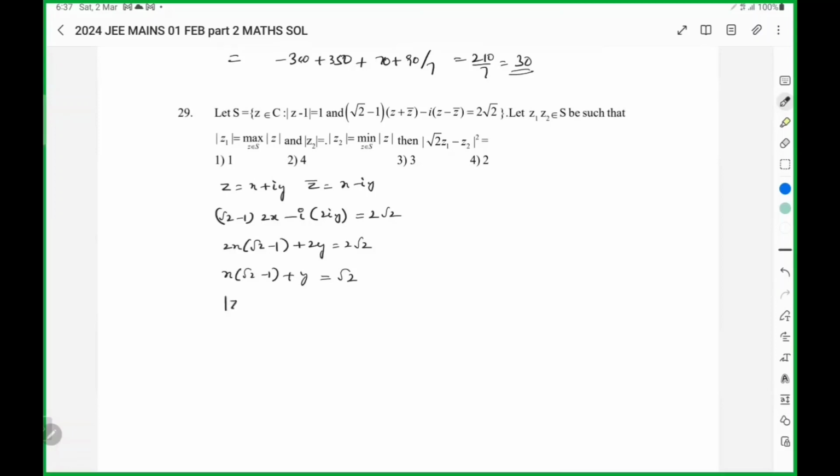So mod of z minus 1 is 1. So 1 comma 0 is the center, the radius is 1 unit. You have a unit circle.